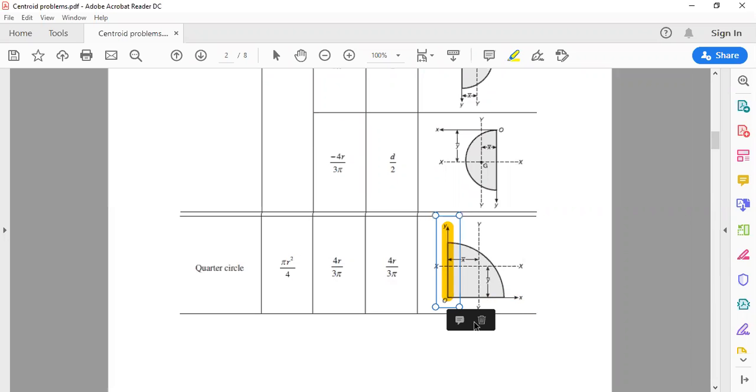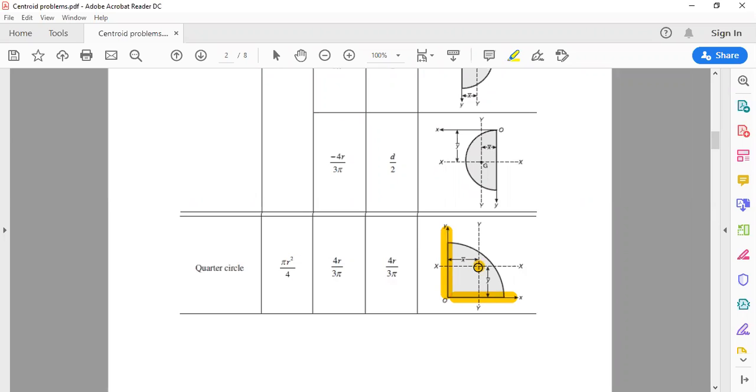Now, whenever you are calculating the distance of centroid in the quadrant of a circle, one thing is to be noted: when the centroid is measured from these edges, the corner edges of the quadrant, it is always 4r by 3 pi.